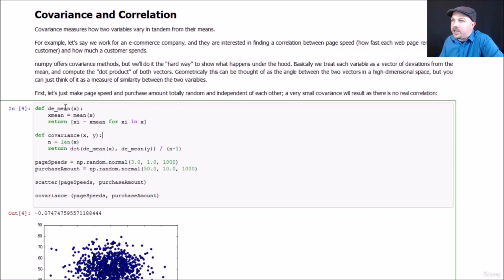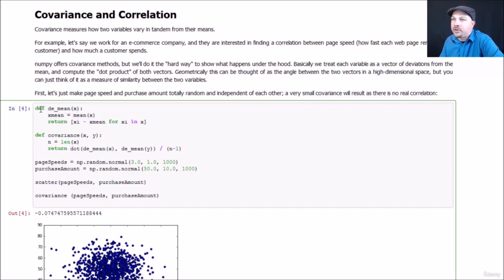So the DE mean, or deviation from the mean function, is taking in a set of data x, actually a list, and it's computing the mean of that set of data. And here's a little bit of Python trickery for you. The syntax is saying I'm going to create a new list and go through every element in x, call it xi, and then return the difference between xi and the mean, xmean, for that entire data set.